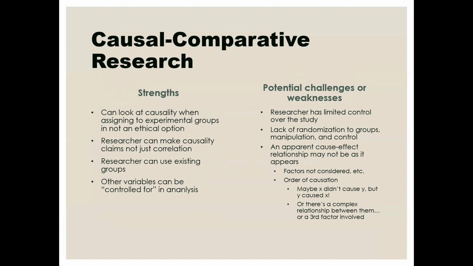Causal comparative research gives you a way to establish causality when you don't have an experimental condition. So we can't experiment and expose people and say, okay, these children will have early intervention, these children won't, and let's wait 50 years and see. So we're taking advantage of naturally occurring differences in the population, and we can actually use cause and effect.